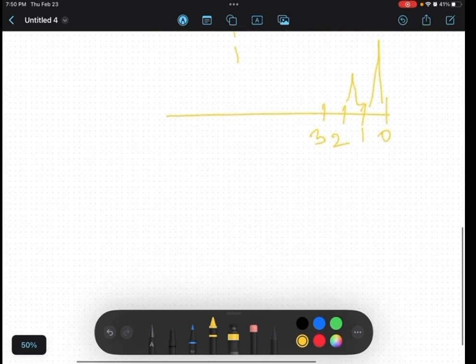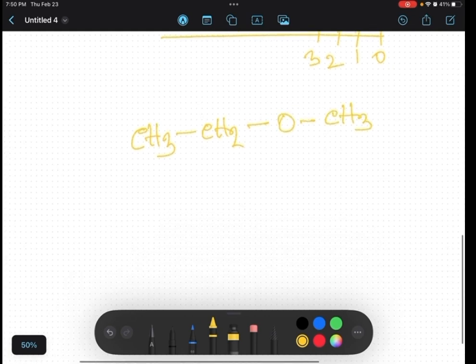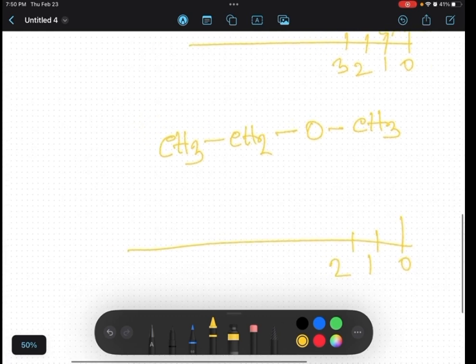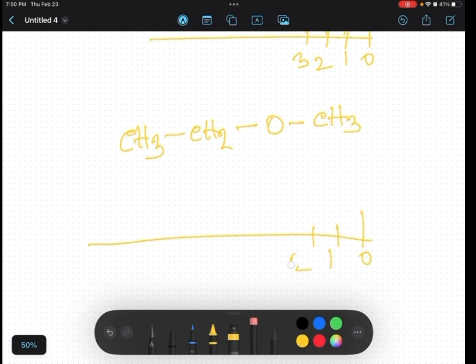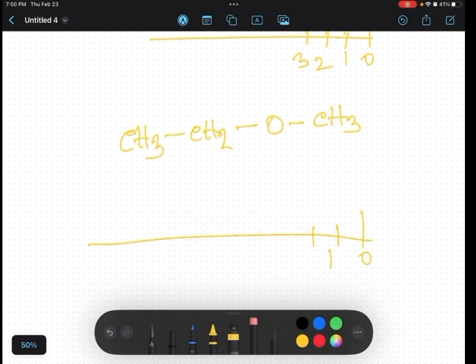Now if you have CH3, CH2, O, CH3, we number the proton types: this is 1, this is 2, this is 3.